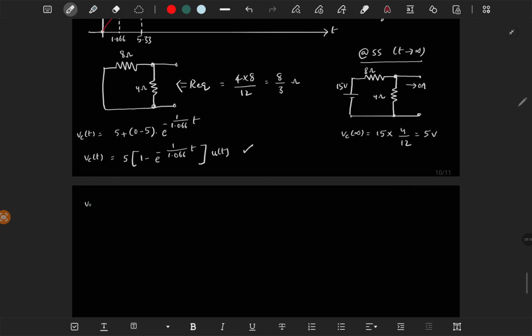So V1 of t is input voltage 15 minus Vc of t, which is 15 minus 5 plus 5 times e to the power minus t by tau, which is 10 plus 5 times e to the power minus t by tau.